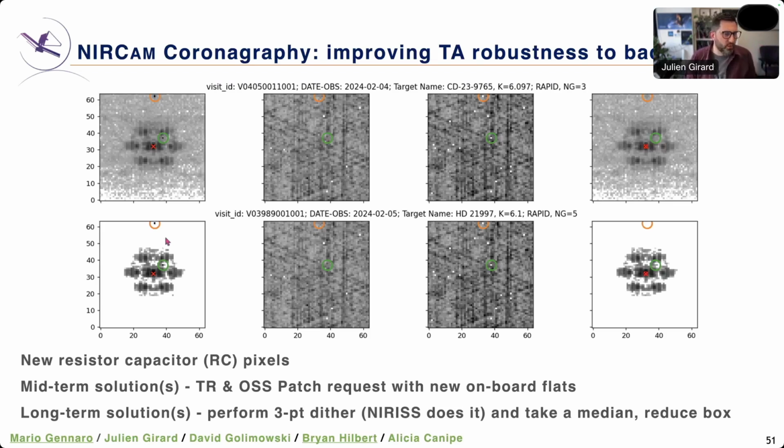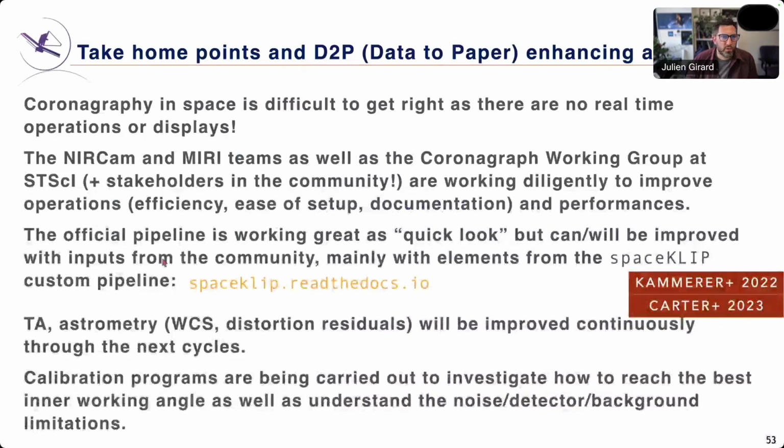It was not often enough, basically, so some acquisitions failed. And now we are doing a 3-point dither, and it's taking a little bit longer, a few minutes, but it's much more robust. So as a conclusion, coronagraphy in space is actually quite difficult, especially when the whole system was designed a long time ago and you don't really have access to real-time or software changes that are agile, I would say.